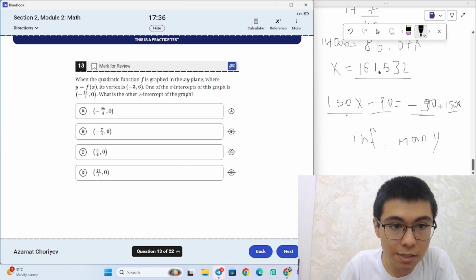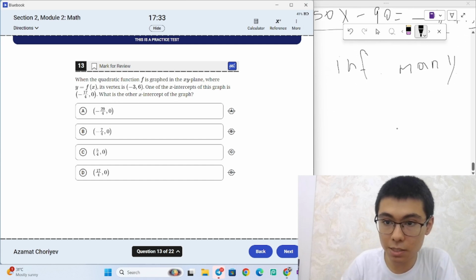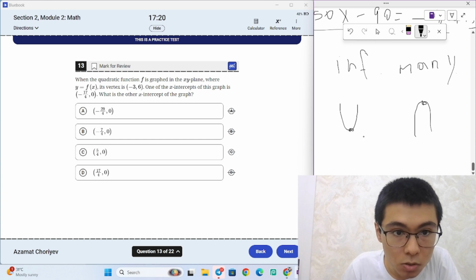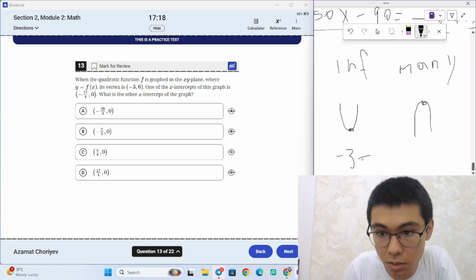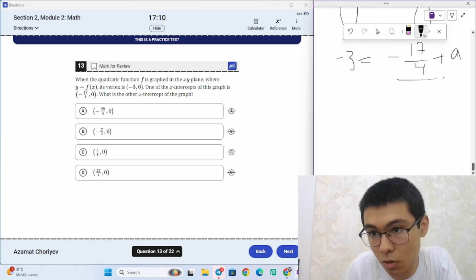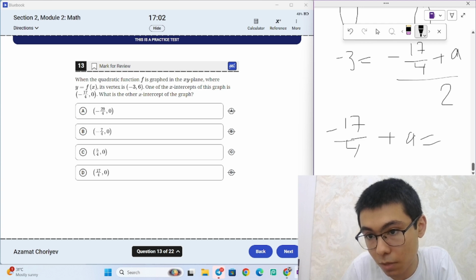So we have the x-intercept. You gotta know that the vertex can be either like this or like this, and the vertex is here, here, or here, and it's the middle on the x-axis. So in this case, minus 3 equals minus 17 divided by 4 plus, let's say this one a, and then this is going to be divided by 2, and from here 19 plus a equals a, minus 6.